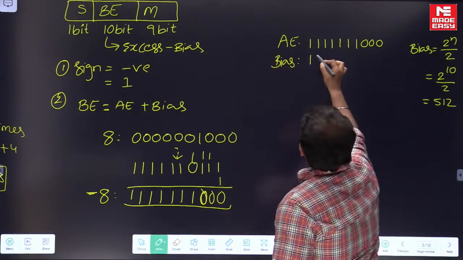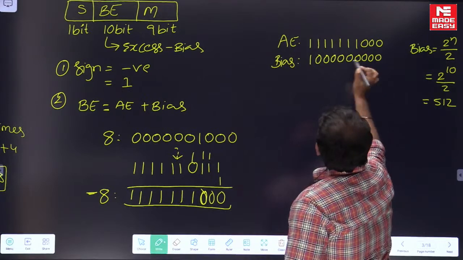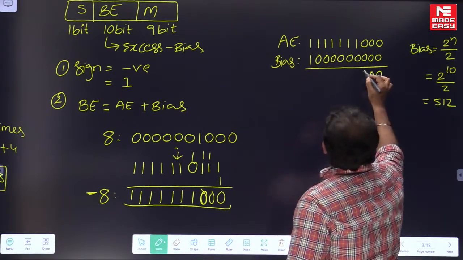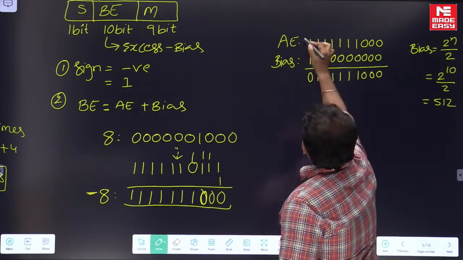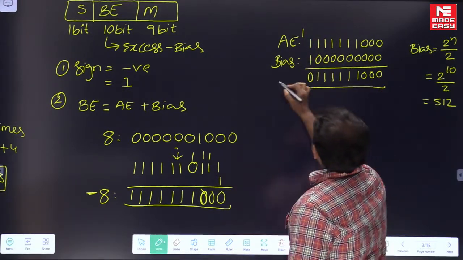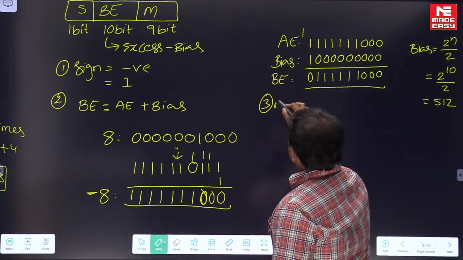So bias is this. Now adding it gives 0 1 1 1 1 1 1 0 0 0. This is the BE. Then the third one is Mantissa.